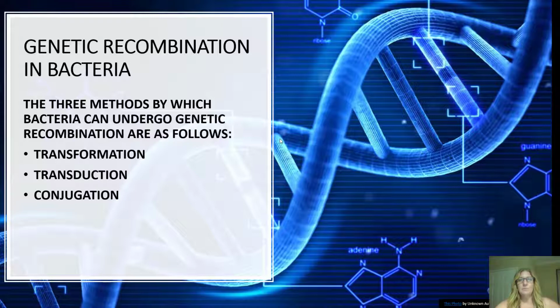The way in which bacteria can have this done naturally is pretty profound. So let's go ahead and look at this. There are 3 methods by which bacteria are known to undergo genetic recombination. This includes transformation, transduction, and conjugation.